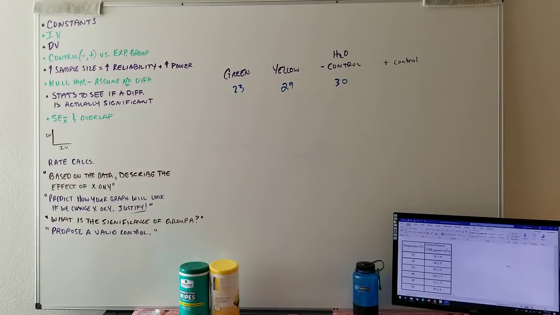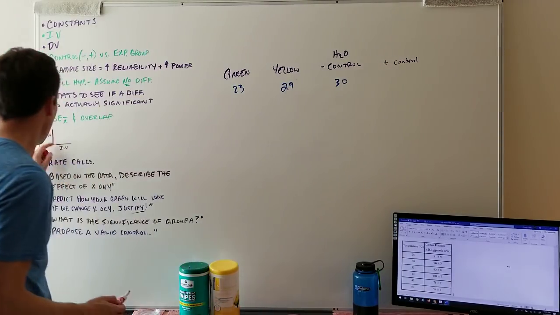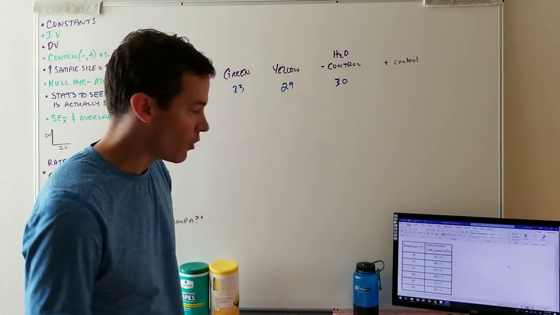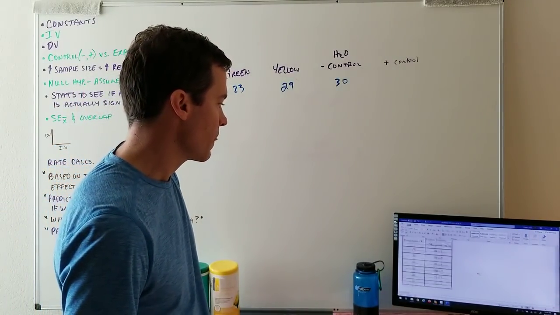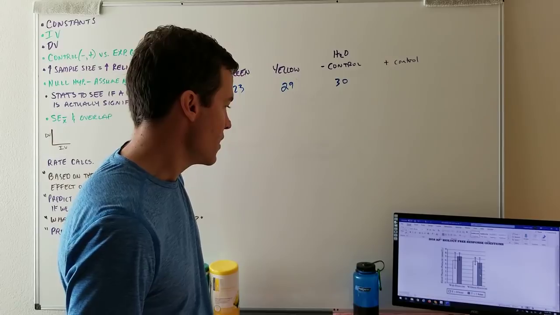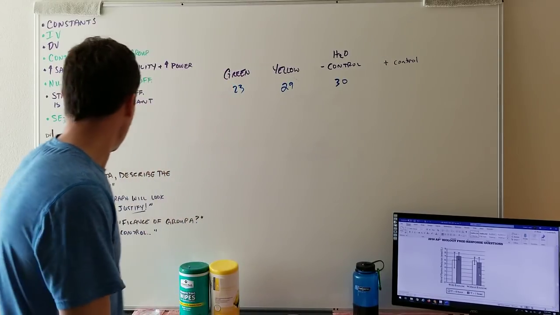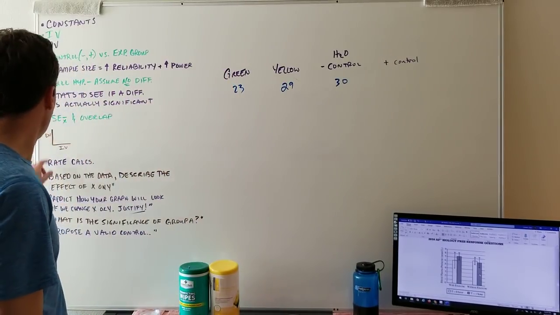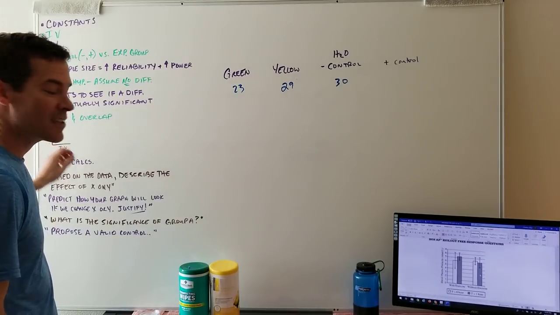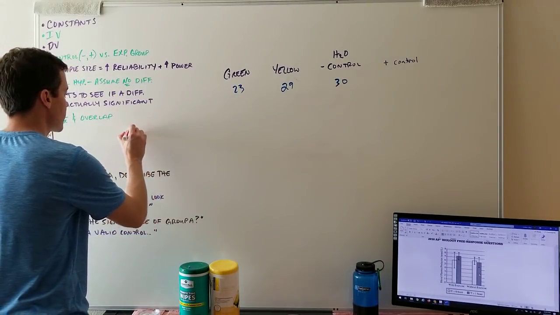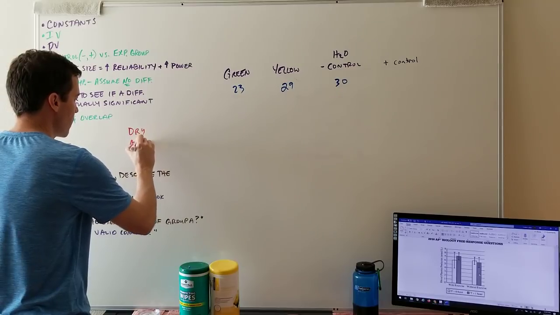I have seen practice problems where they give you a graph and they just ask you what's the dependent variable or what's the independent variable. So back over here, if I asked you that, you might have heard this before.